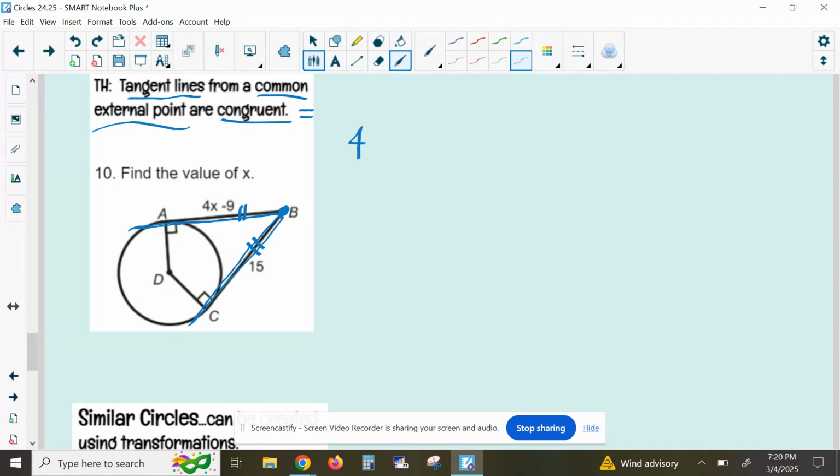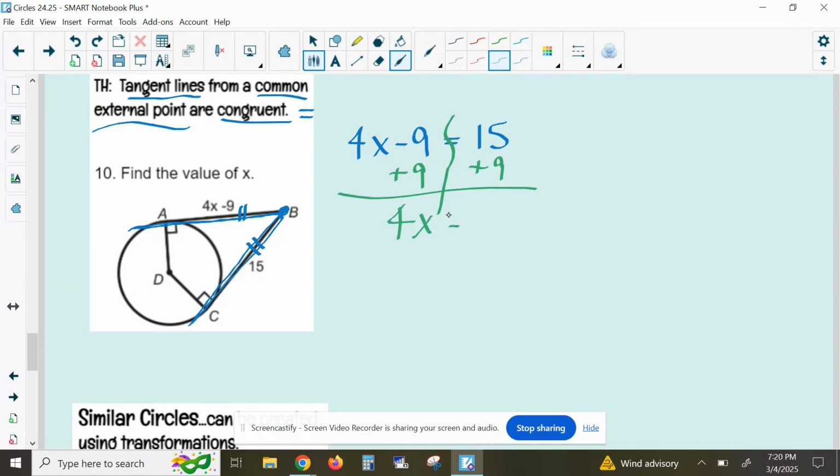So we can set 4x minus 9 equal to the other piece, which is just 15. Then I could do my little algebra and solve that. Plus 9 on both sides. I get 4x is equal to 26, 24, my bad. 24.